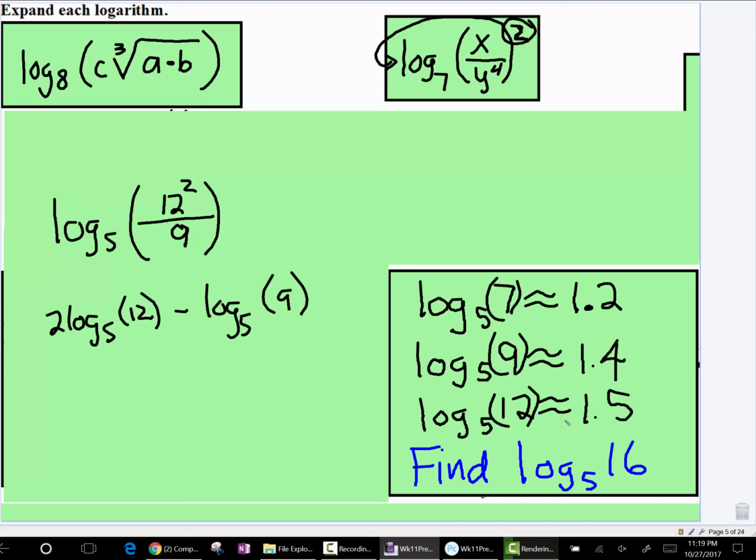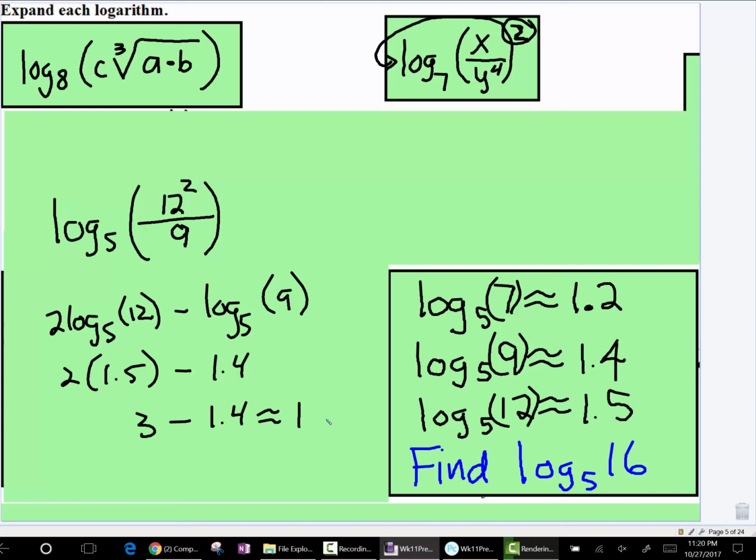And then we look up here. Oh, the log base 5 of 12 is 1.5. So 2 times 1.5, which is 3, subtract log base 5 of 9, which is 1.4. So subtract 1.4. 3 subtract 1.4.